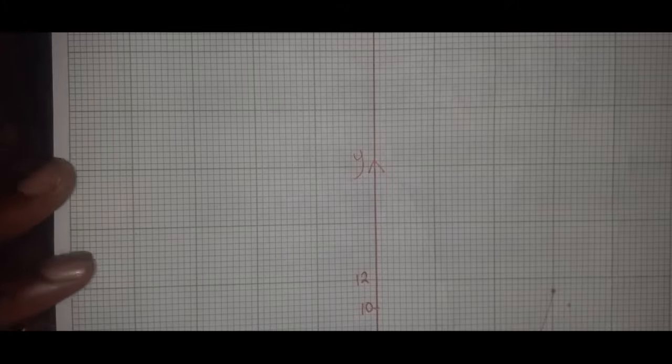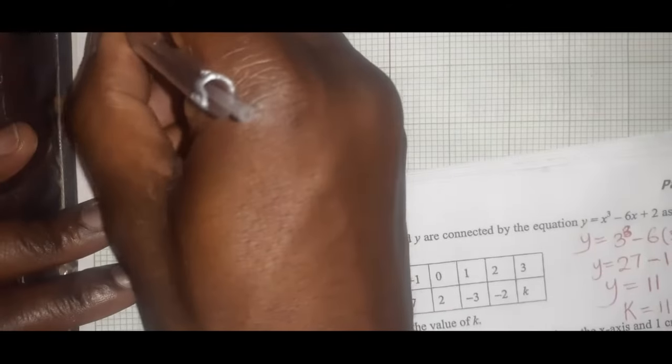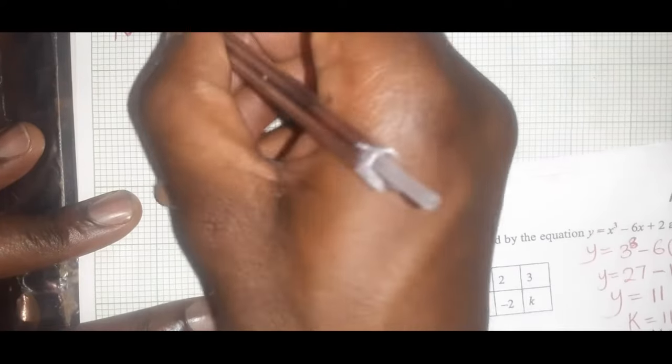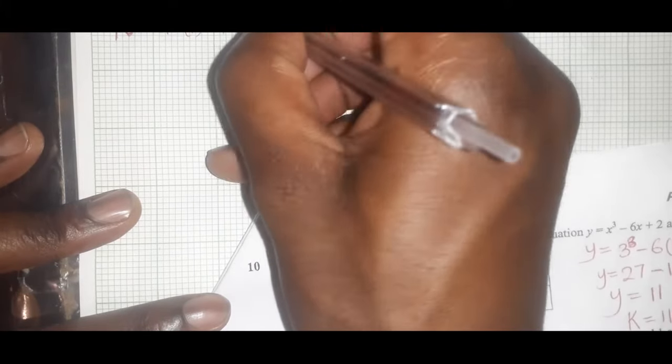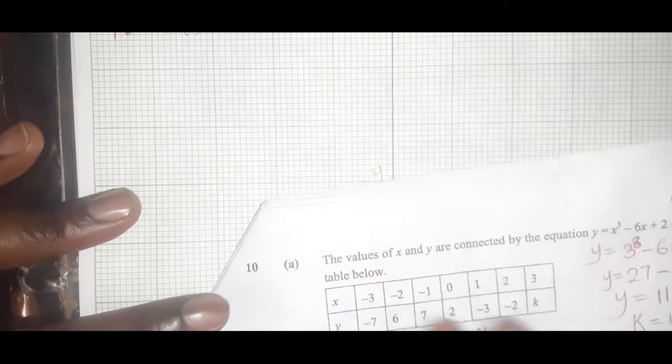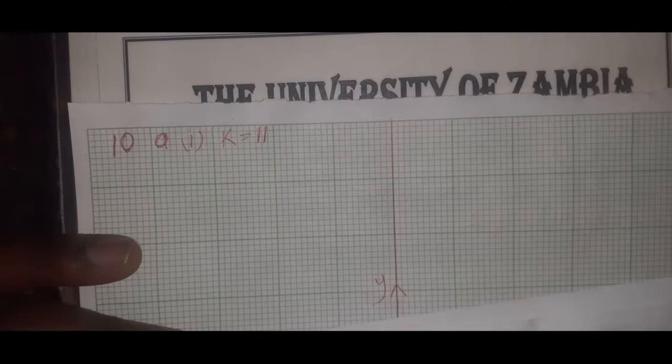Take note, it's very important to indicate which question this is. This is question 10. And question 10a, Roman numeral 1, k is equal to 11. You need to indicate this.